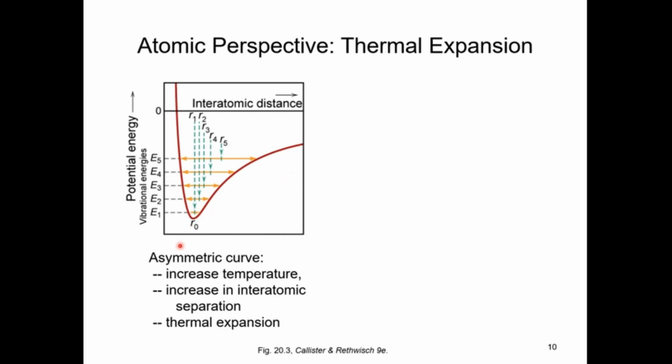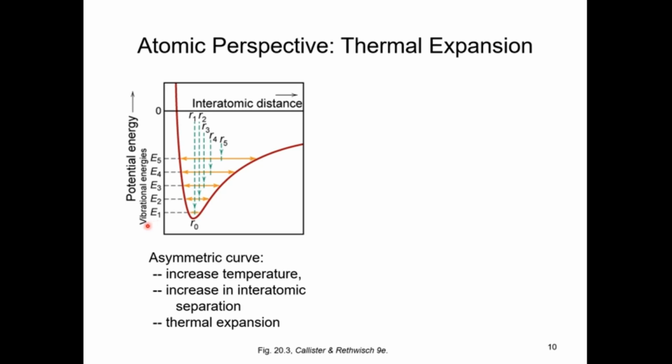If we look at this curve, heating the material to a higher temperature, let's say from temperature T1 to T2 to T3, will raise the vibrational energy from E1 to E2 to E3 and so on.